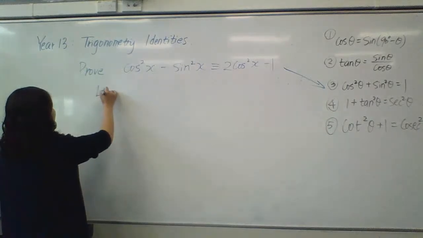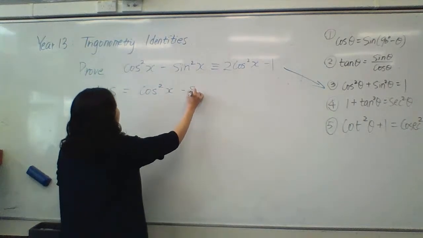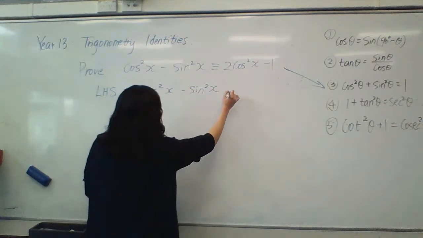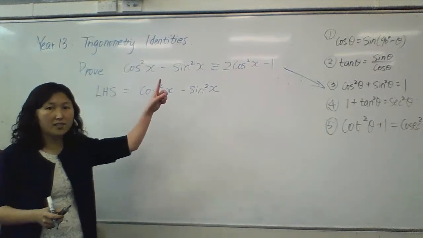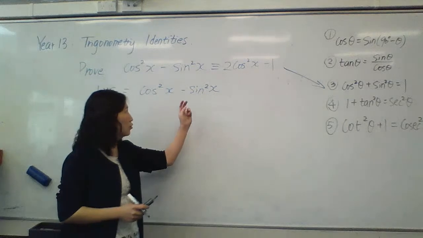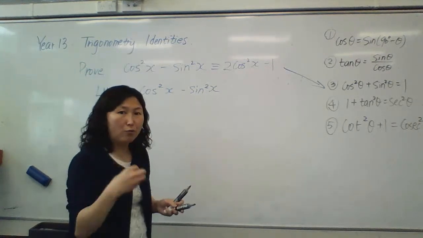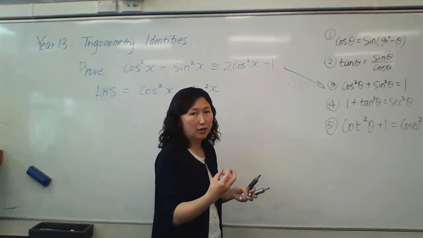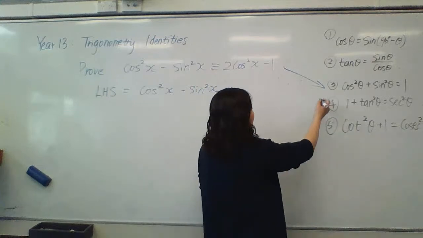So I have left-hand side equal to cosine squared x take away sine squared x. Now, the right-hand side doesn't have sine, so that means my job is to change this sine to something else. Now, when we are using the identities, that is given from the formula, it is okay to swap things around.